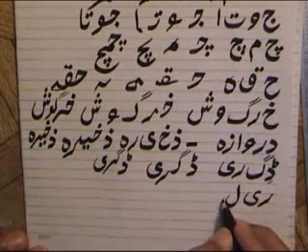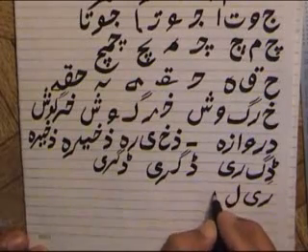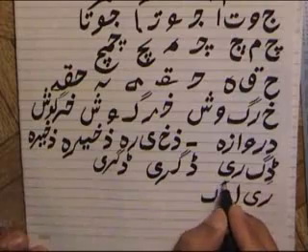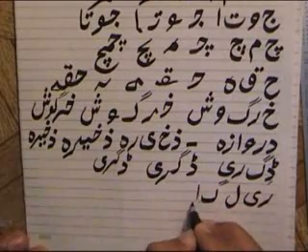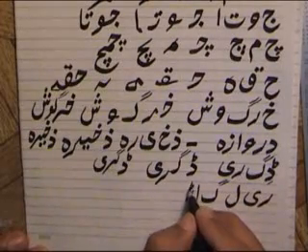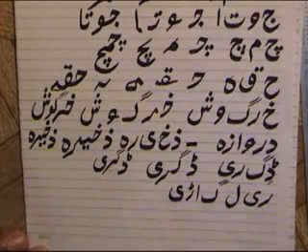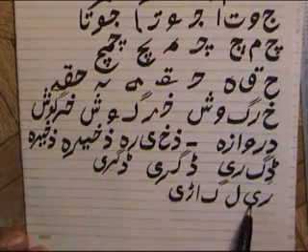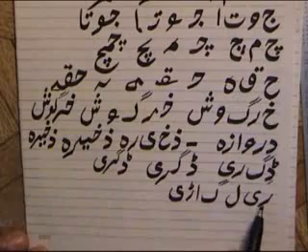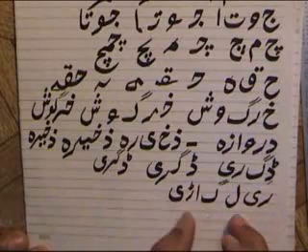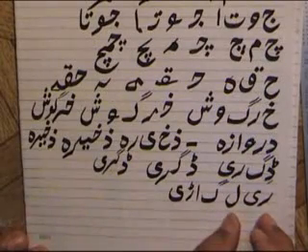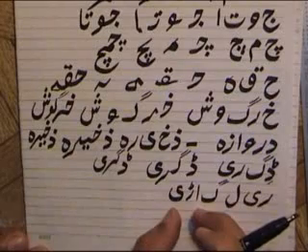Re, rail, gadi. So we need gaf, alif, re, gadi, and then again choti ye. So there are 7 sounds. This is composite word. Rail is one part and gadi is another part.